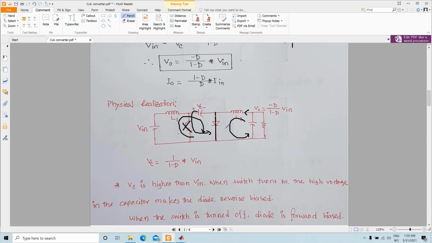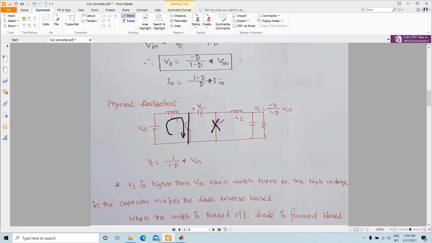Using the same technique, you can also find out what the current wave shape through this diode should be. When the switch is turned on, this diode is reverse biased.